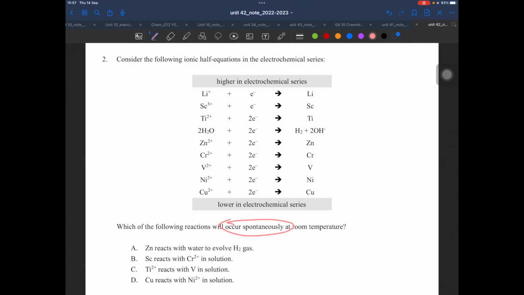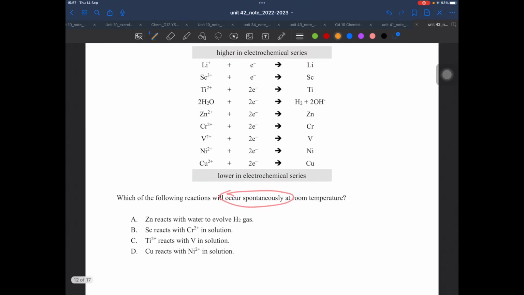So the key for a spontaneous reaction is the anti-clockwise relationship. That's it. So let's start. The first one is zinc and water. Alright, zinc and water. Oh, sorry to say, this is not anti-clockwise. The second one is scandium and chromium 2.